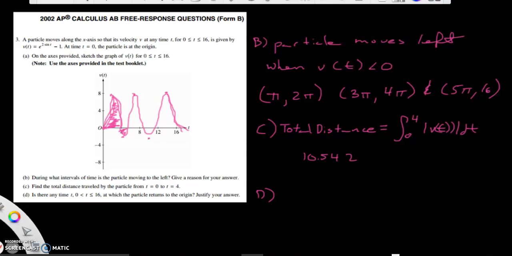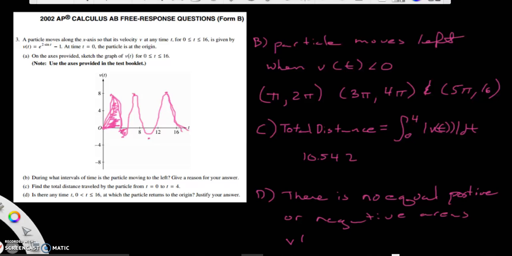So there is no equal positive or negative area, because the integral of v(t) is always greater than 0 for all t greater than 0. Okay, I hope this video helped.